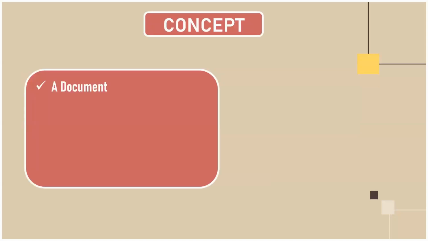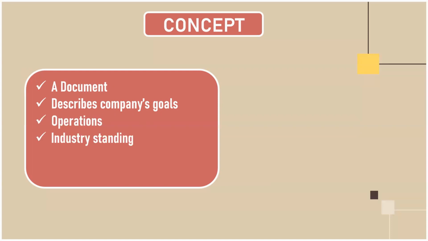In the concept, I would say the business plan is a document wherein we describe the company's goals and objectives. We talk about the operations, that is the equipment and the assets available to the organization. We talk about the industry standing, the marketing objectives, and the financial projections.